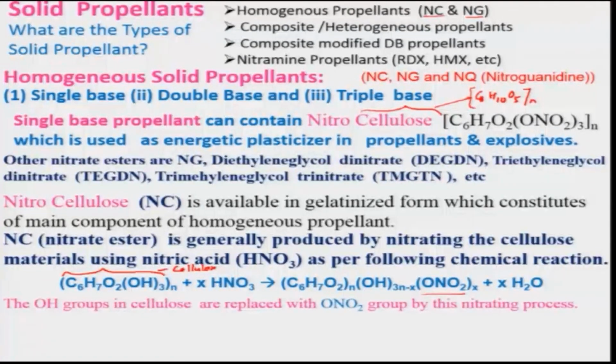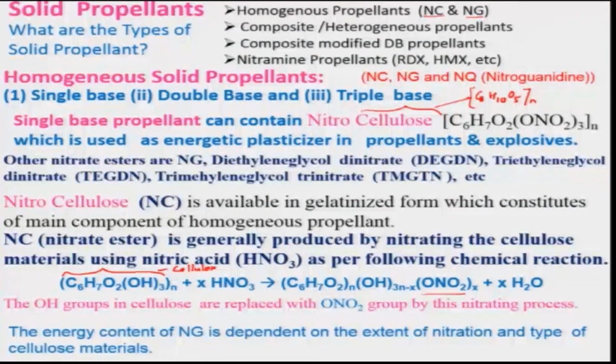And the more you nitrate, the higher the percentage of nitrogen you get in the nitrocellulose. In other words, the OH groups in the cellulose are replaced with ONO2 groups by this nitrating process, as I told earlier.